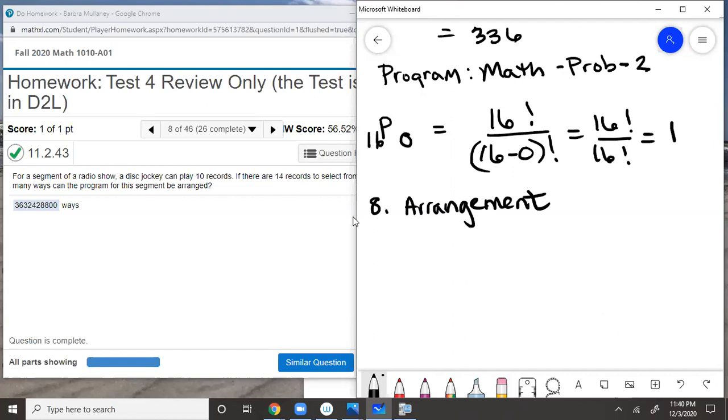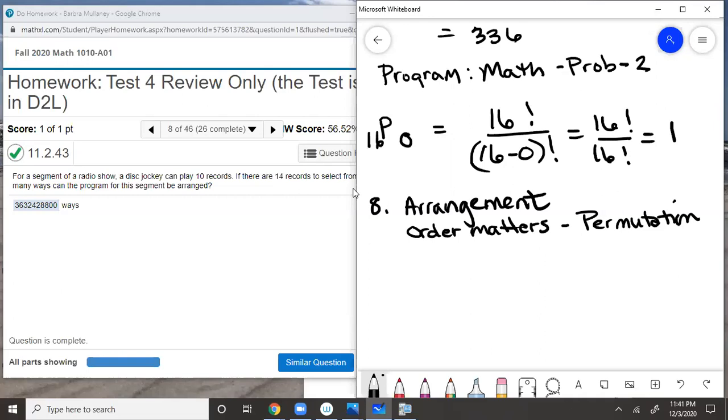Okay, if we're going to arrange things like books on a shelf or which order that the records play in, the order matters here. Okay, so if the order matters, we're going to use a permutation. Okay, if the order does not matter, this would be a combination problem, and we would have to use a different formula. So this is indeed an arrangement where order matters.